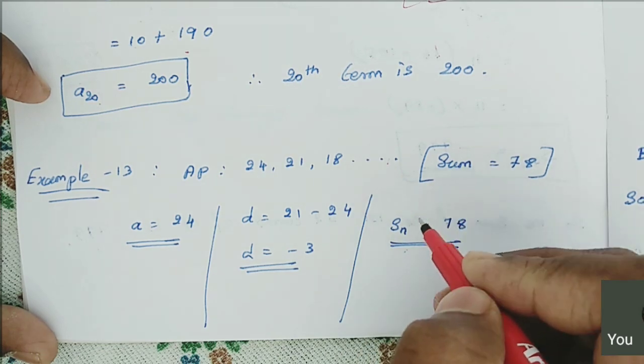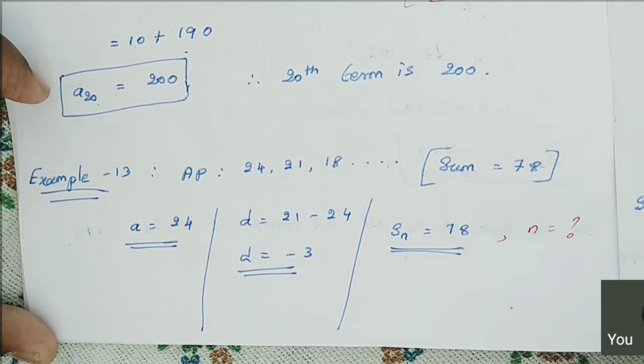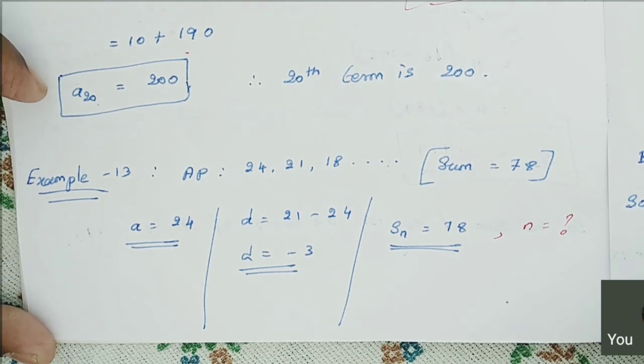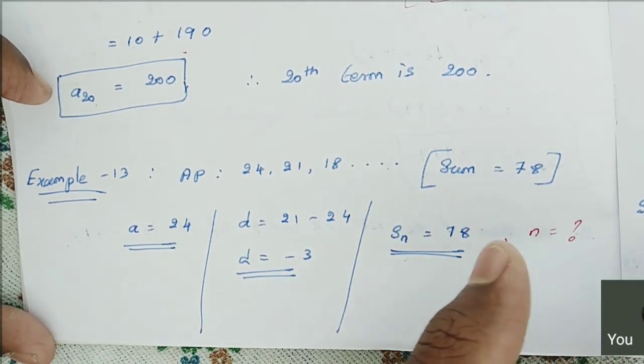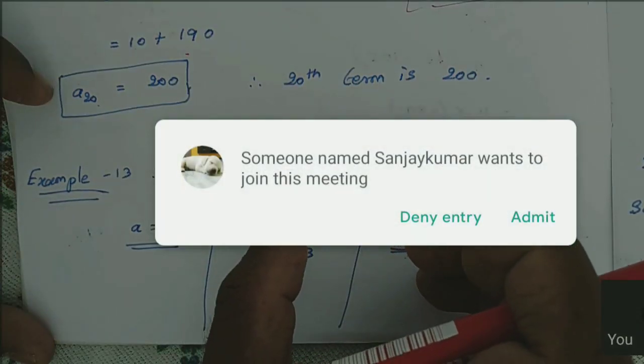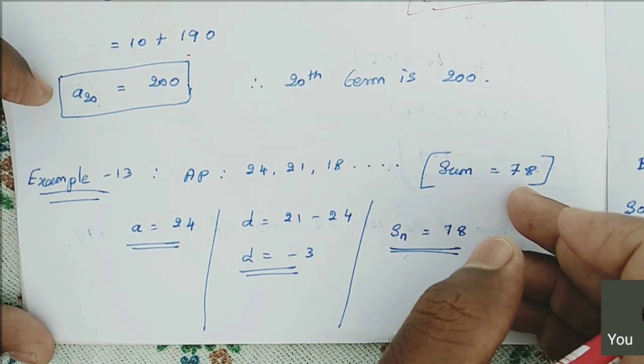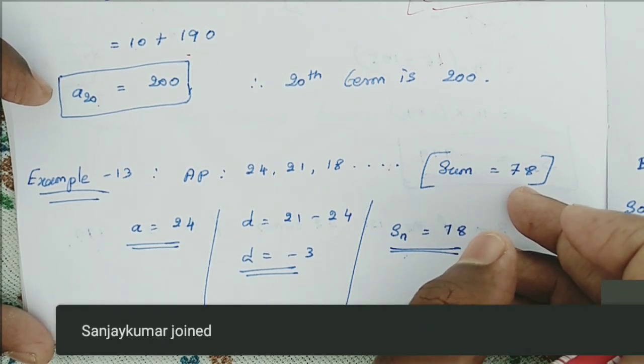Then Sn they have given as 78. We need to find n, because they are asking how many terms when taken from this AP give a sum of 78. Are you clear?